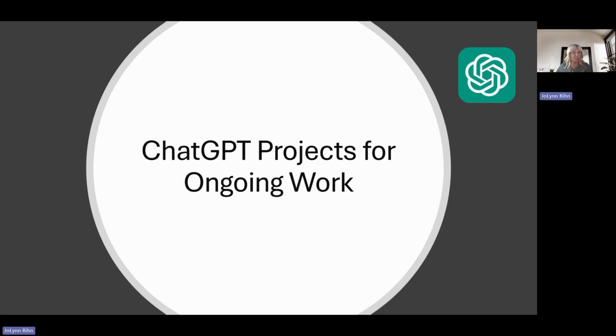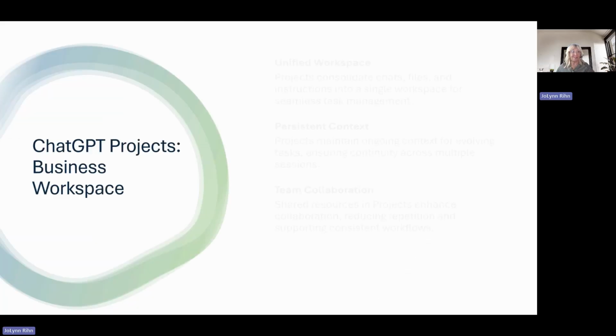So a ChatGPT project is going to be a dedicated workspace for work that evolves over time. Instead of isolated conversations, projects are really going to let ChatGPT retain content. It's going to reference files and follow shared instructions across multiple chats.